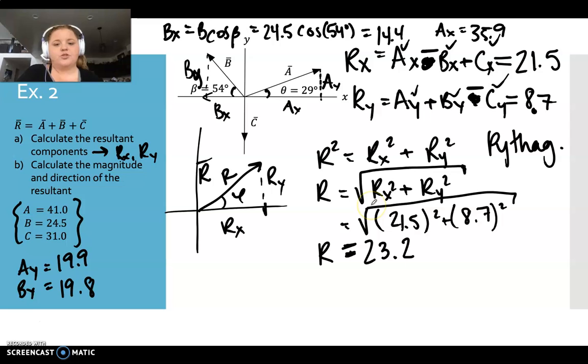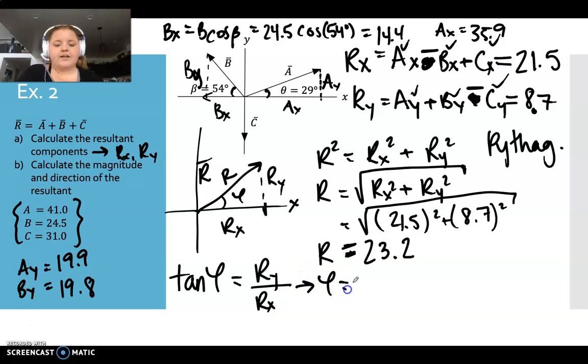So what is the angle between the x-axis and our vector? We can calculate that by using a trig function. Opposite over adjacent, that is tangent. So I'm going to say tan of phi is equal to r sub y over r sub x.